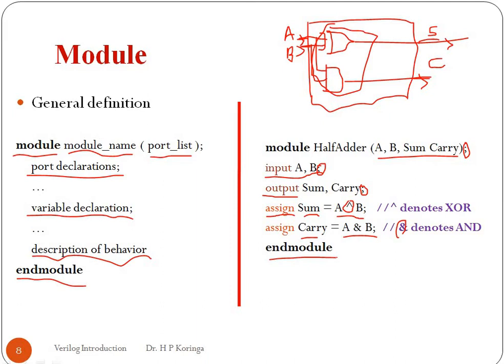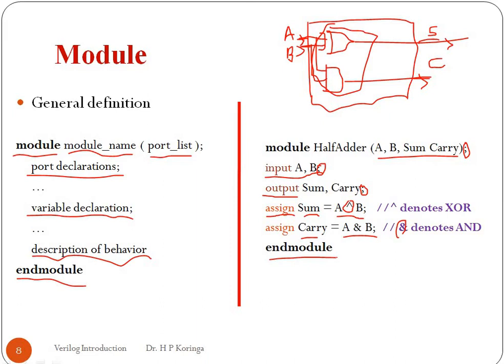So remember the structure of a Verilog code. It starts with the module, then we have to specify the module name, and when we specify the module name, we have to remember the module name must start with an alphabet. It should not start with a number. Second, the module name cannot be a Verilog keyword, so we can use anything other than that, and the module name must be a single word. After specifying the module name, in brackets we have to specify the port list and then the port declarations.